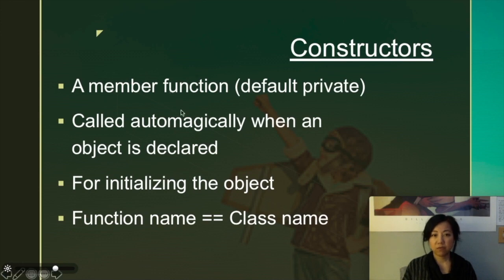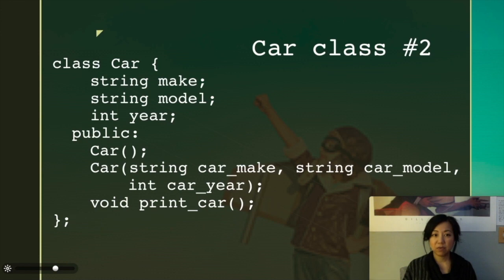So what are constructors? It's a member function. It defaults to private, and that's why you see we need the public keyword. Also, by convention, we always have the constructors lined up in the first few functions of the class definition.